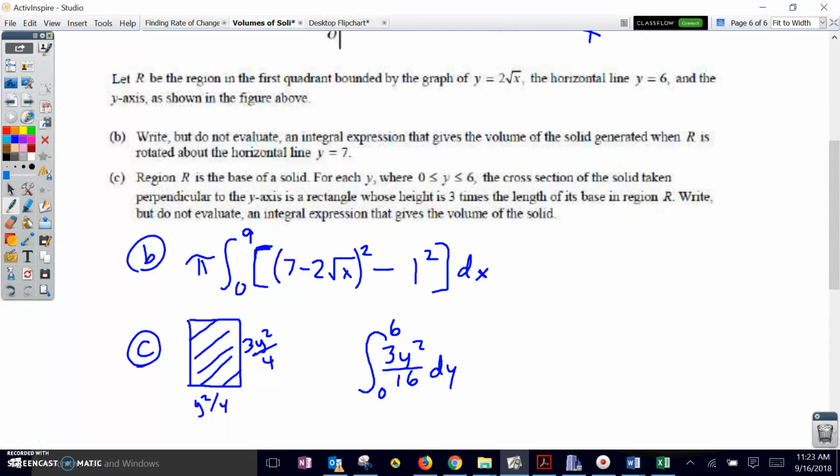And then it's just a matter of drawing a sample cross-section and filling in the dimensions of that cross-section based off of the information that we have, and then finding the area of the cross-section. And the area of the cross-section is always our integrand whenever we're finding the volume of a cross-sectional solid like this one.